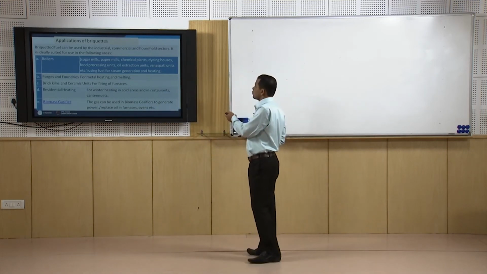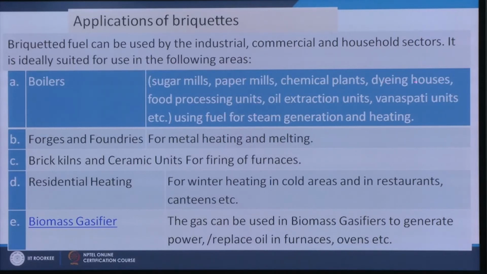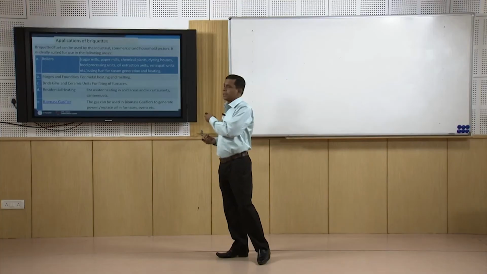So, boilers in sugar mills, paper mills, chemical plants, dyeing houses, food processing units, oil extraction units, Banaspati units, etc. And for forges and foundries for metal heating and melting, the briquettes can be used. Briquettes can be used for brick kilns and ceramic units for firing of furnaces. This can be used for domestic applications, for winter heating, etc. This can also be used for biomass gasifier. The gas can be used from the biomass gasifier to generate power. So, these are the applications of briquettes.